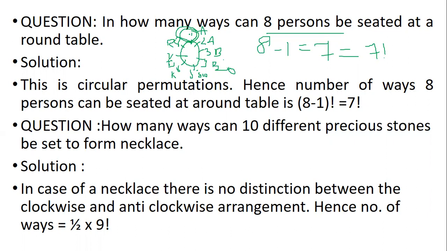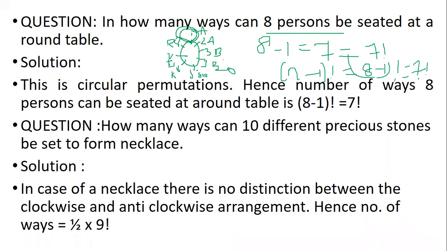You can either fix one person and arrange the rest of them, or use the formula of circular permutation, which is as simple as this: n minus 1 factorial, which is 8 minus 1 factorial, which is 7 factorial.